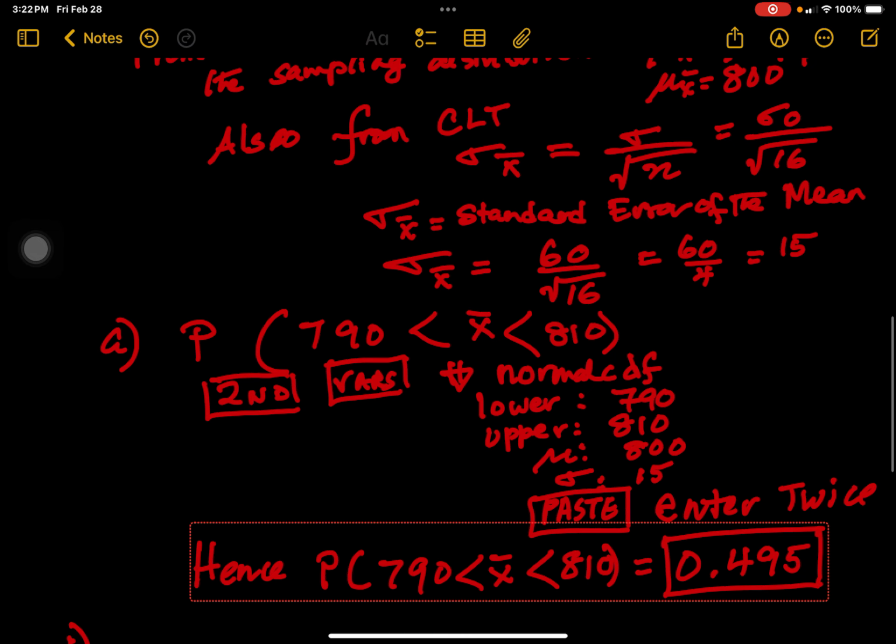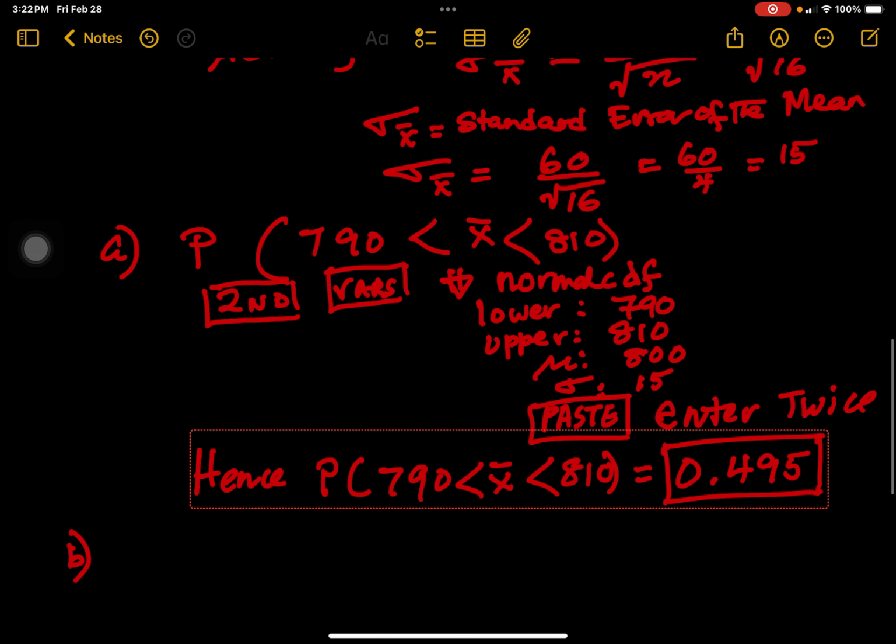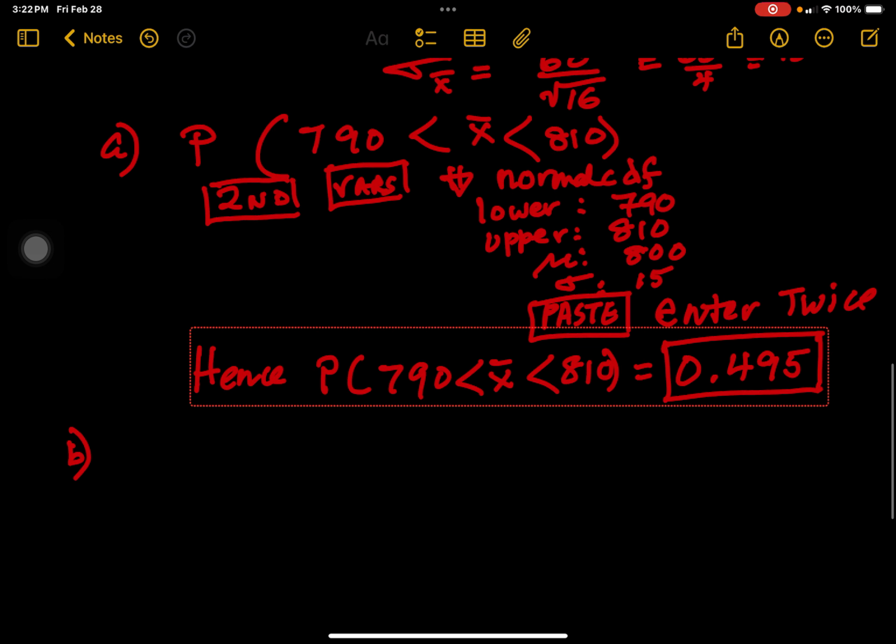So in this case 60 divided by square root of 16, or 60 divided by 4, sigma x bar equal to 15. With that information, I found out the probability that x bar is between 790 and 810. My lower is 790, my upper is 810, my mean is 800, and my standard deviation is 15.